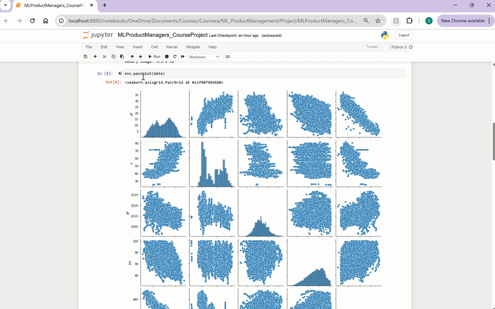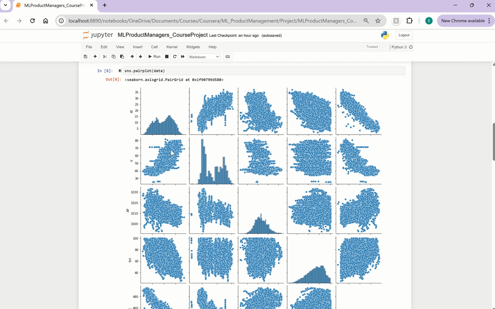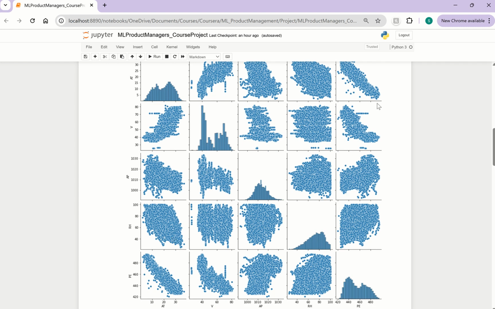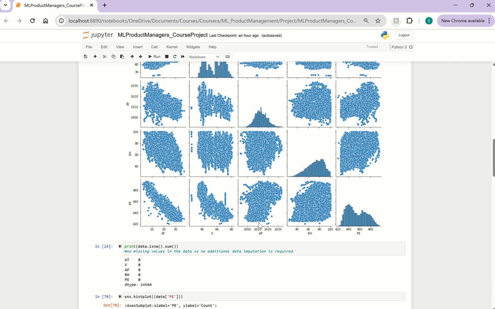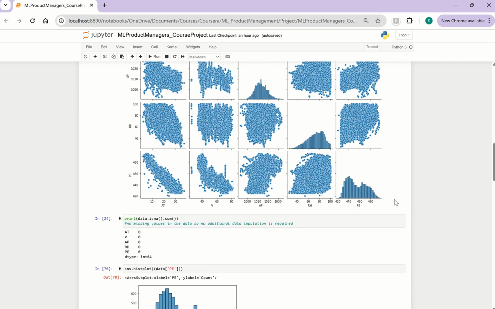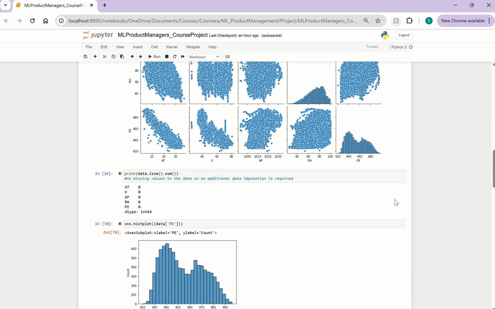Looking at the Seaborn pair plot that shows the correlation between all the variables, you can start to see some correlations between our data and the target variable. Specifically, AT and V show strong correlations with our target variable PE, whereas AP and RH don't show as strong of correlations. That's important to keep in mind as we progress to building and testing our model.